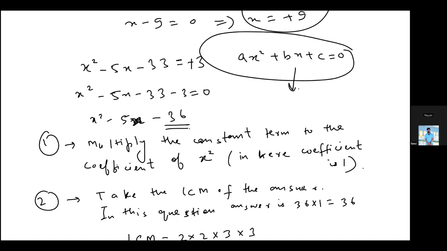I requested a remote control. Okay, no worries.